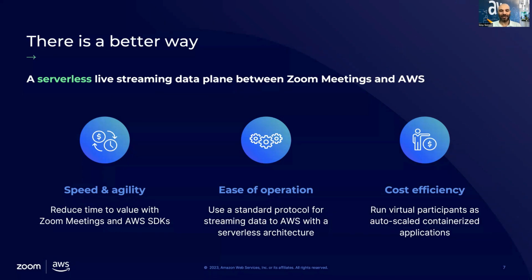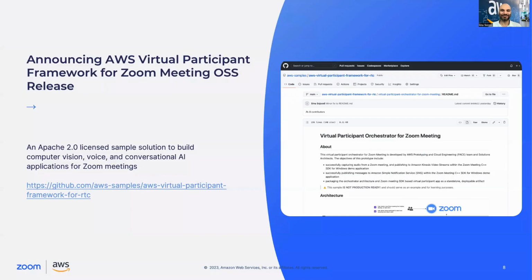If you can't run and maintain it at scale, you can't really deliver value to your customers. And lastly was cost efficiency. We were very conscious of the feedback from the developer community on this. If the solution is not economical, it will never see the light of day. We believe this architecture and reference solution can set you on your way to build great Zoom applications and successfully run them on AWS.